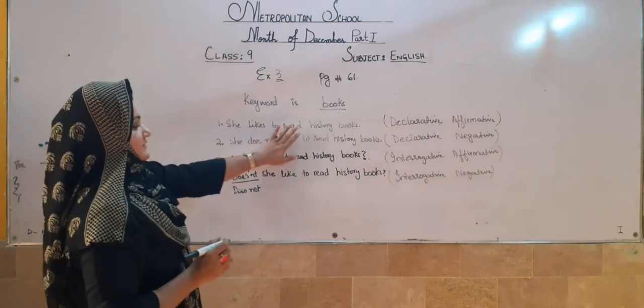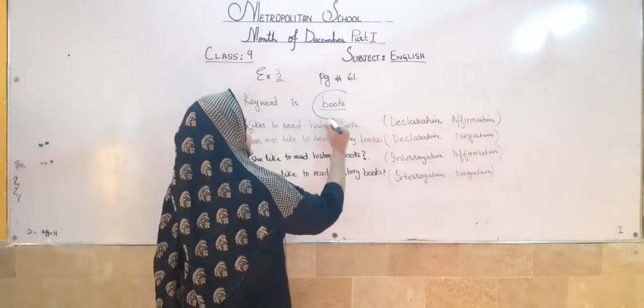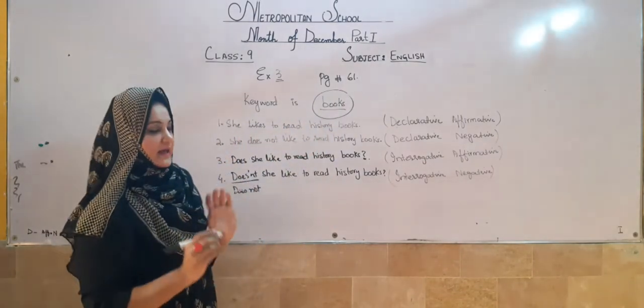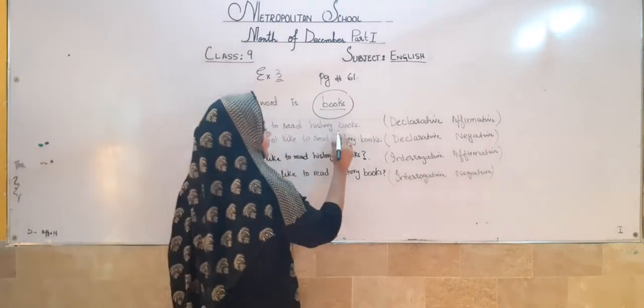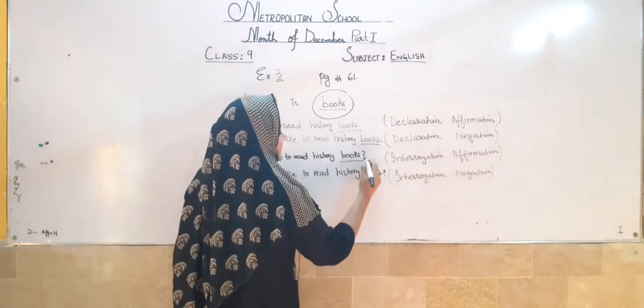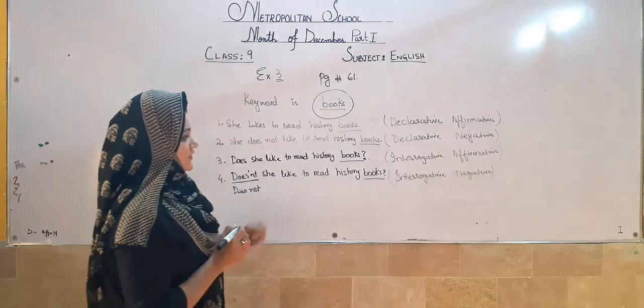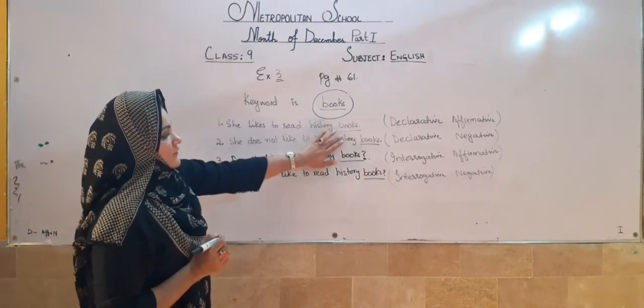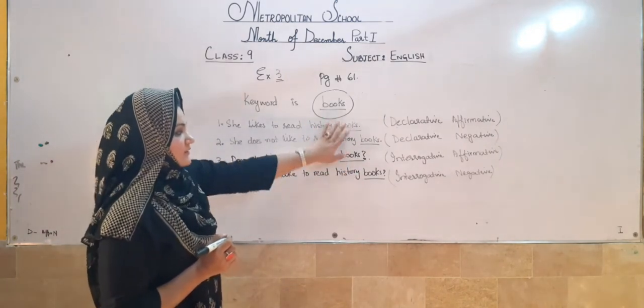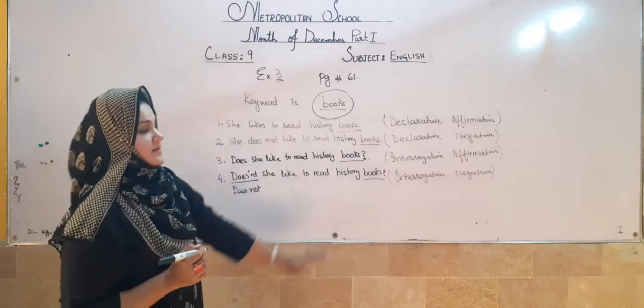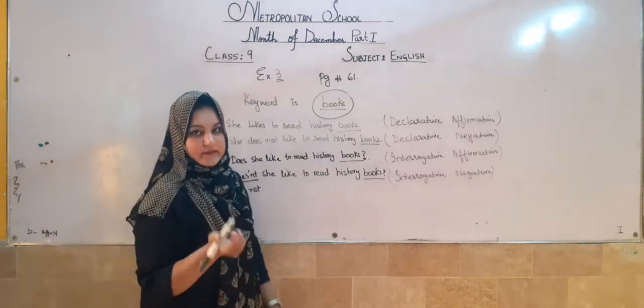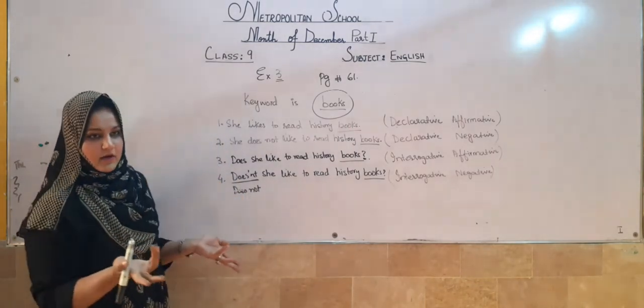Okay, as I have taken a keyword, books, I have used this noun in each sentence. Have you seen here? I have used books in my 4 types of sentences. Now it's your turn. You need to take any noun.